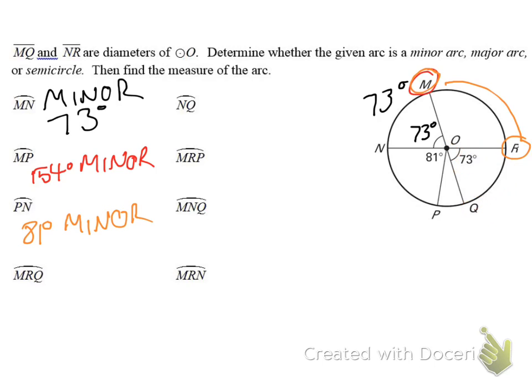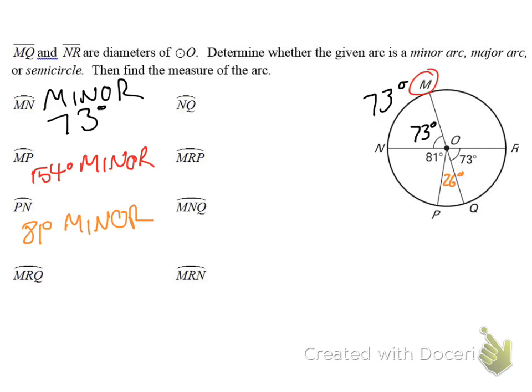I can see that this is 73, this is 81, and they told me that NR is a diameter, so 81 plus 73, we already did that as 154. The reason that's important is if I do 180 minus 154, this here in the middle has to be 26 because 81 plus 26 plus 73 equals 180.